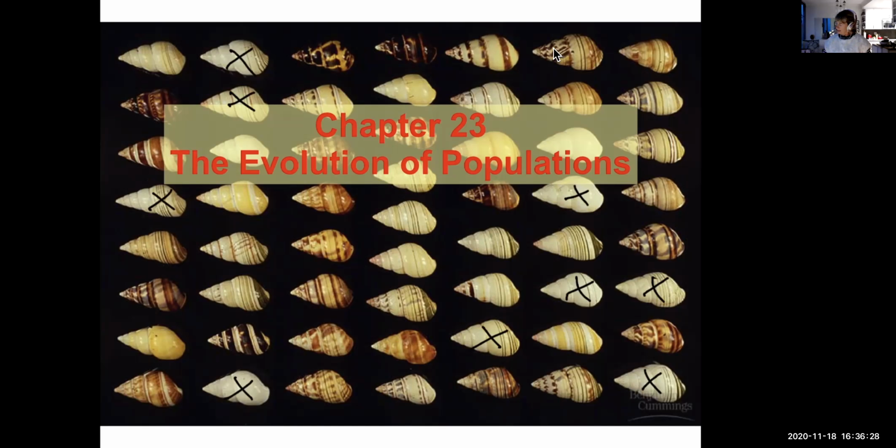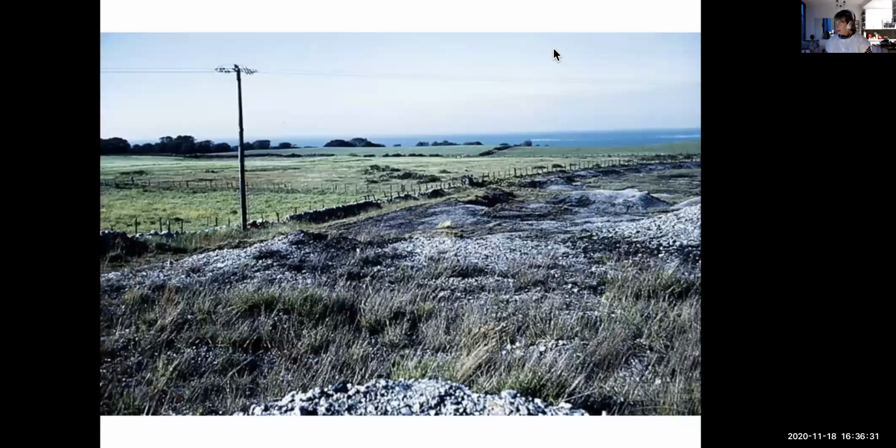So, whoopsie, sorry. This is an example of grasses. And in this area here, this has mine tailings. So those are minerals and excess things that come from mines that wash out of the mine area. And these grasses here were able to adapt to the toxins in the soil.